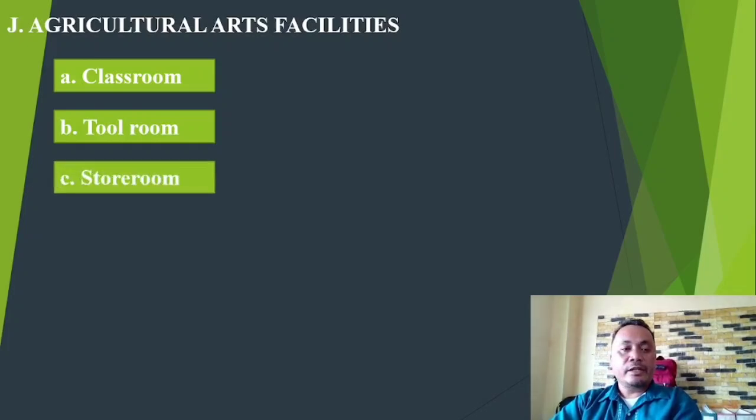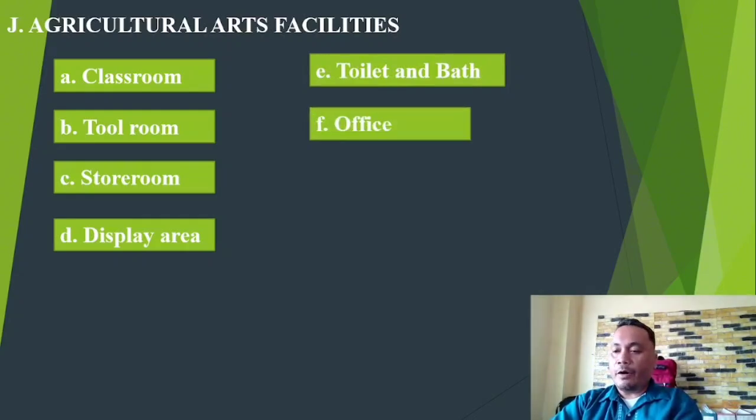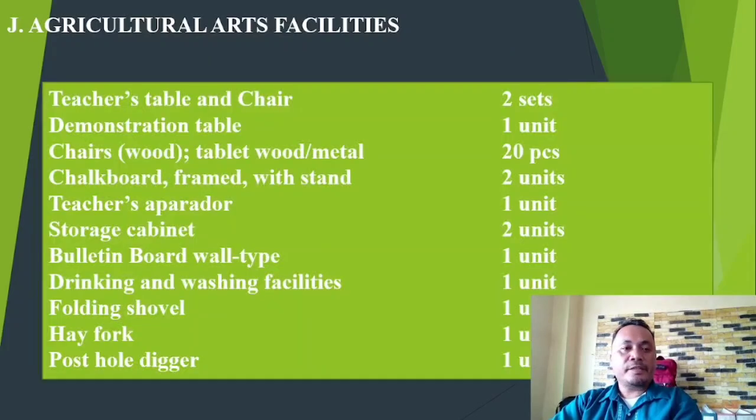And then storeroom for supplies, materials, seeds, and other products. Display area for exhibit, announcement, and then we have the toilet and bath provided with standard fixtures and facilities including lavatory, and then office for garden teacher, plant nursery provided with seed boxes, pots, cans, and etc. Okay, so let's proceed.